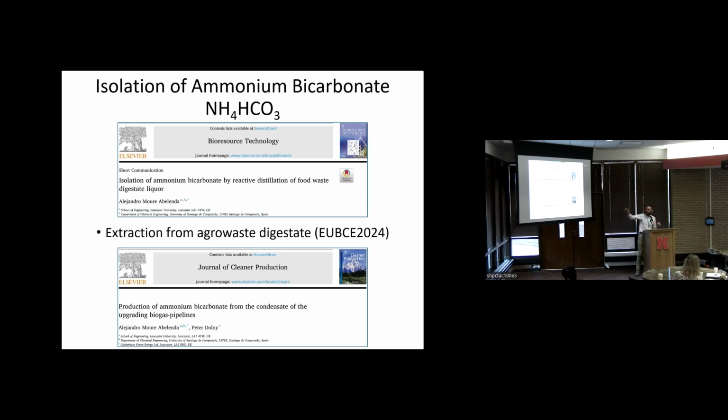Agro waste digestate is more challenging because the content of ammoniacal nitrogen is lower, so it's more difficult to get the extraction of ammonium bicarbonate. And then we have the manure digestate, which is very interesting because of the urine excreted by animals. It has a lot of urea.